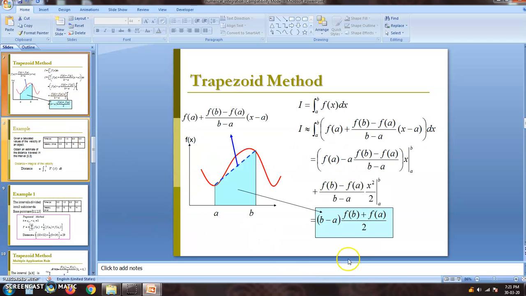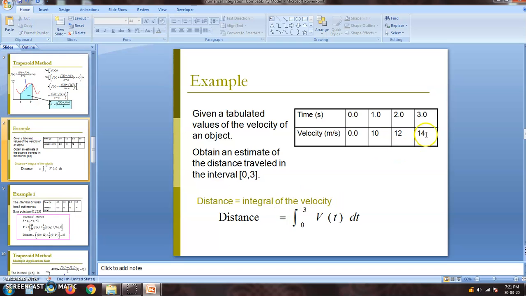using the formula which we have seen as (b minus a) into (f of b plus f of a) upon 2, which we can evaluate as 0 plus 14 divided by 2 becomes 7, and b minus a is 3, so 7 by 3 could be the answer.